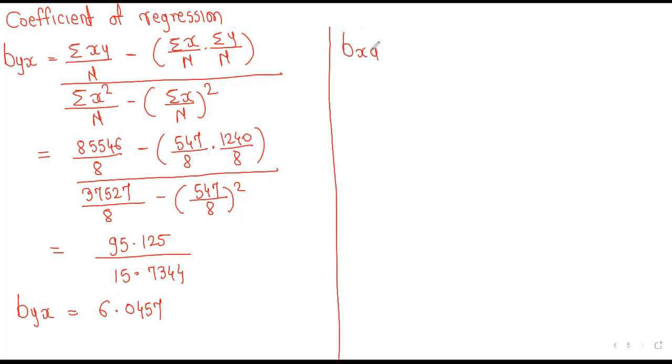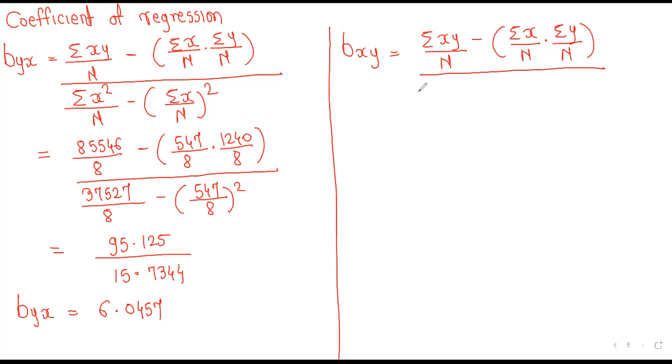Now we calculate bxy. So bxy is equal to summation of xy divided by capital N minus summation of x divided by capital N into summation of y divided by capital N, whole term divided by summation of y square divided by capital N minus summation of y divided by capital N bracket square. Now we put all the values.